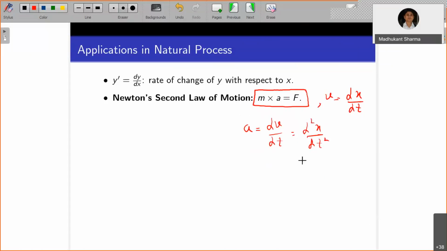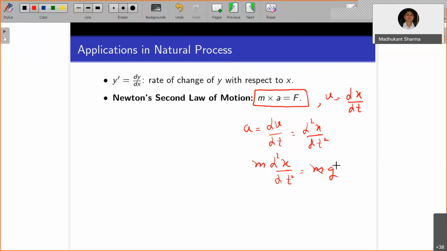So the second law of motion tells you that the equation it satisfies is m d square x by dt square equals the total acting force, which is mass into gravity. So the equation is d square x by dt square equals g.